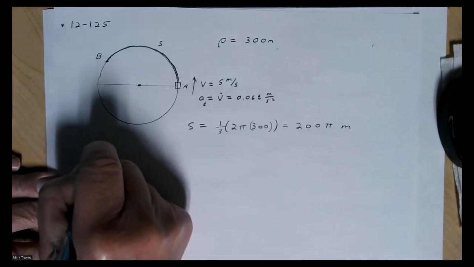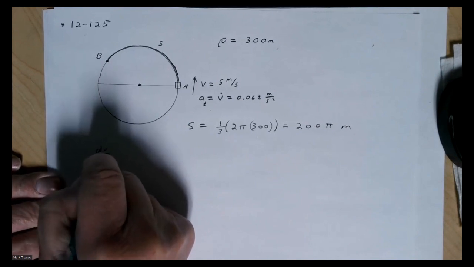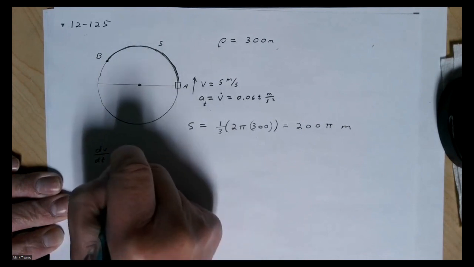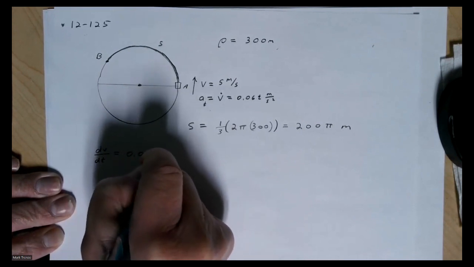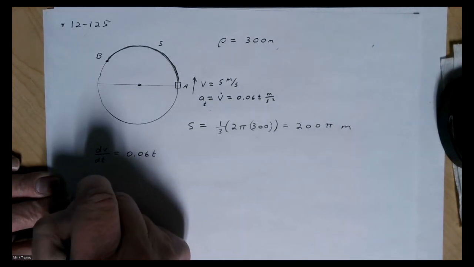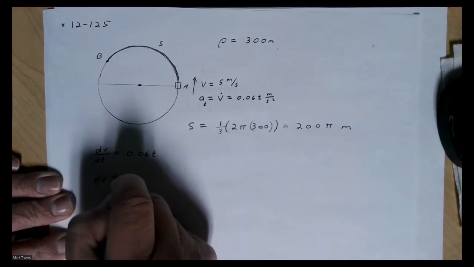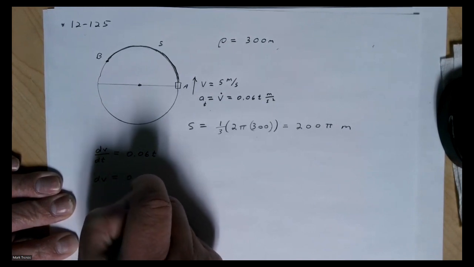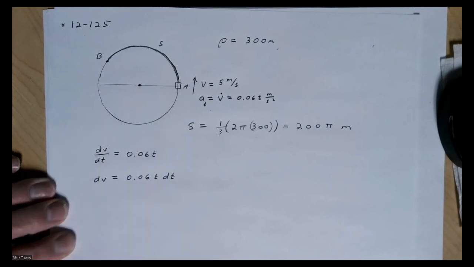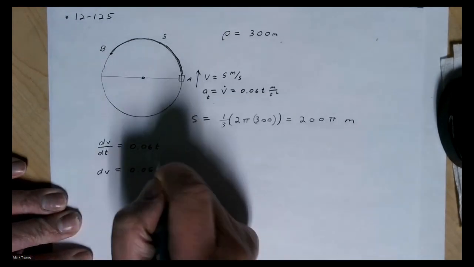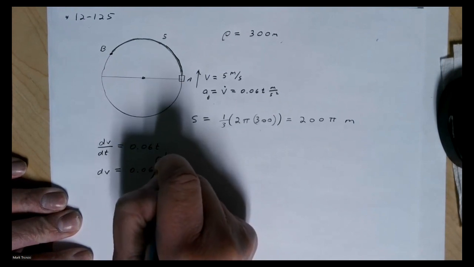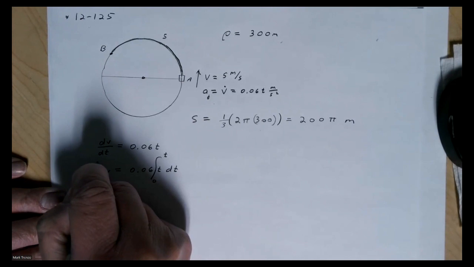So we know that dv/dt is equal to 0.06 t. And then we can just find the equation for velocity. We'll go ahead and integrate this. We're starting at time 0 to t.